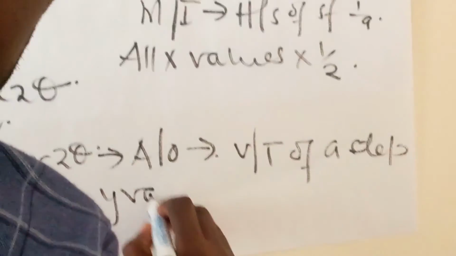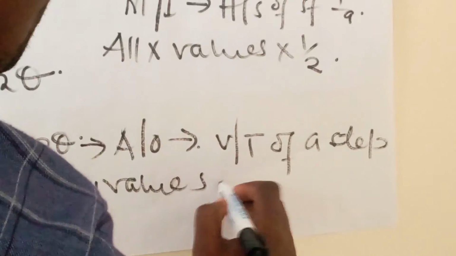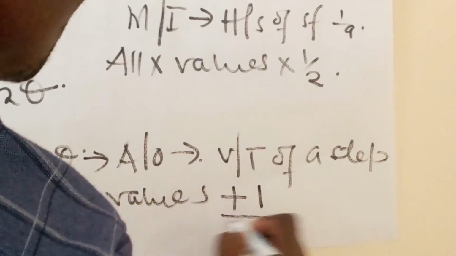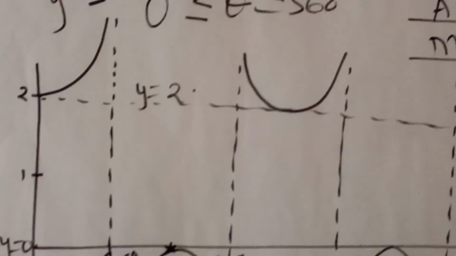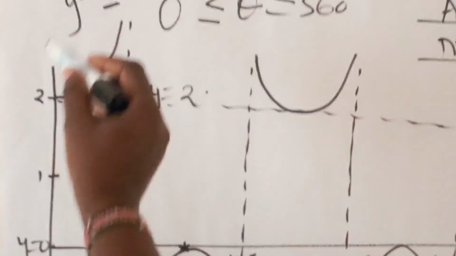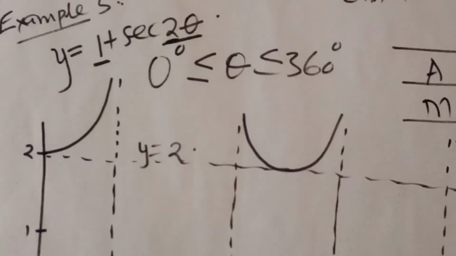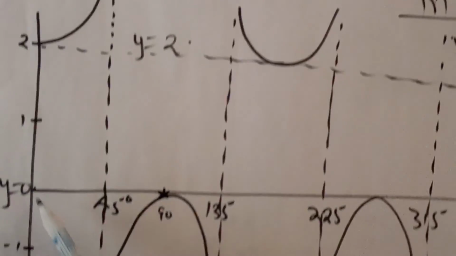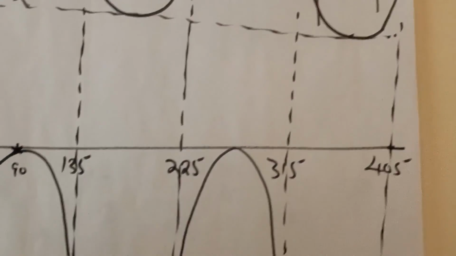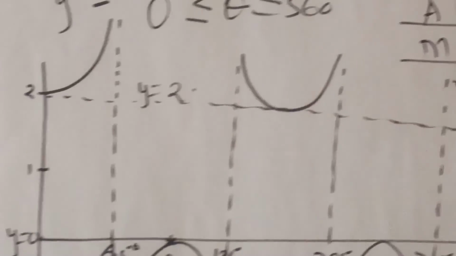That means all y values plus a 1, because our a is 1. And that is why all y values rose one step upwards. And what we are having now is the graph of y equals 1 plus sec 2 theta between x equals 0 and x equals 360 degrees. All right?